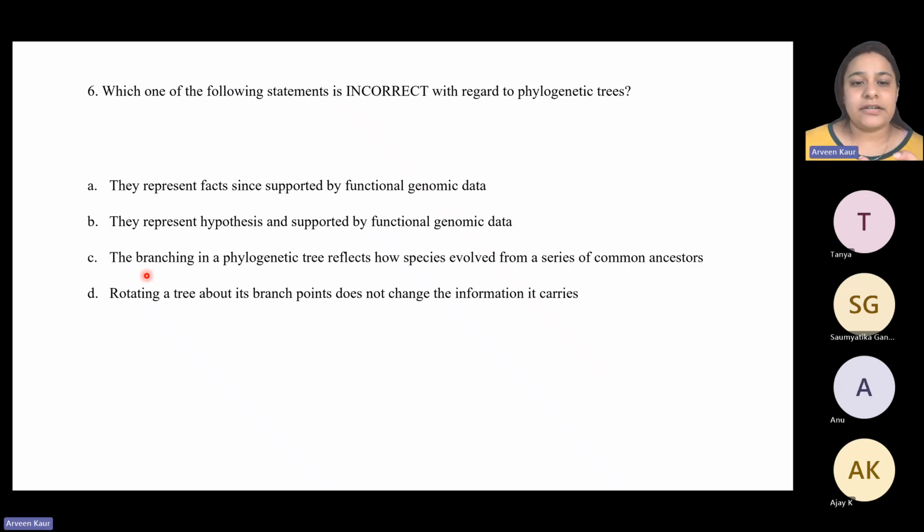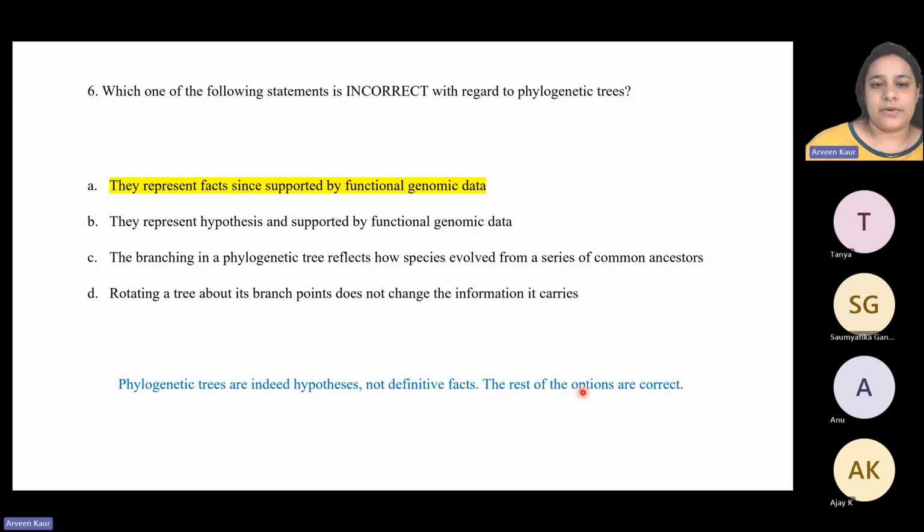The branching in a phylogenetic tree reflects how species evolved from a series of common ancestors. Or rotating a tree about its branch points does not change the information it carries. Which one do you think is incorrect? Okay. So the incorrect one is the first one.